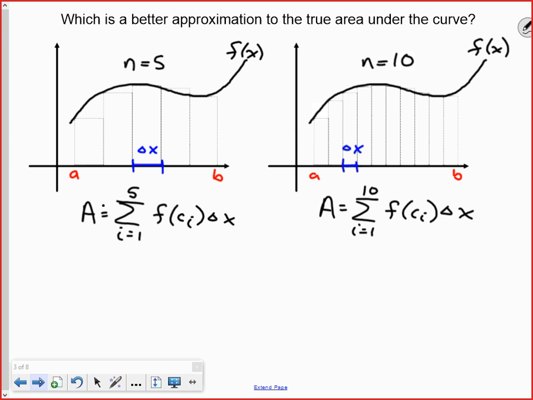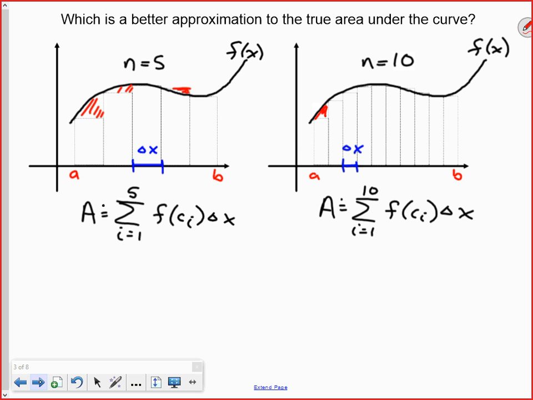And on the right, I have it partitioned into 10 intervals, so n is equal to 10. Now, which one of these two is a better approximation to the true area under the curve? We talked last time about whether something was an underestimate or an overestimate. We were always looking at area that is under the curve but not in one of our rectangles, or part of a rectangle which isn't under the curve, which was kind of wasted space.